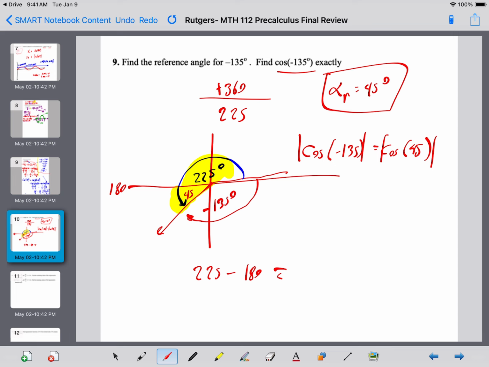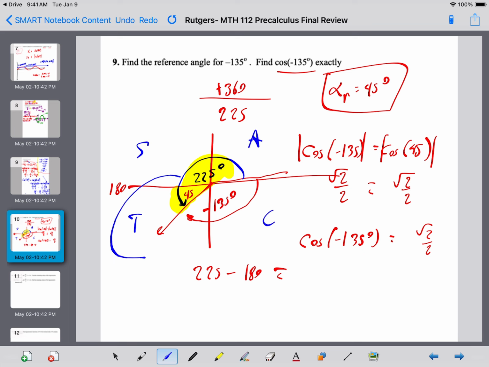So cosine of 45 we know is square root of 2 over 2. But now let's consider the sign. So we would do all students take calculus. In quadrant 3, only tangent and cotangent would be positive. So this is negative square root of 2 over 2.